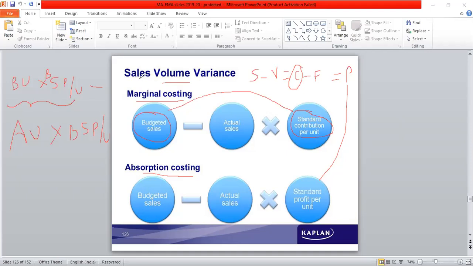So the sales volume variance under marginal costing is the difference between the budgeted units and actual units into standard contribution per unit. But in case of absorption costing, it is the difference between units into standard profit per unit. Please make a note of this one.